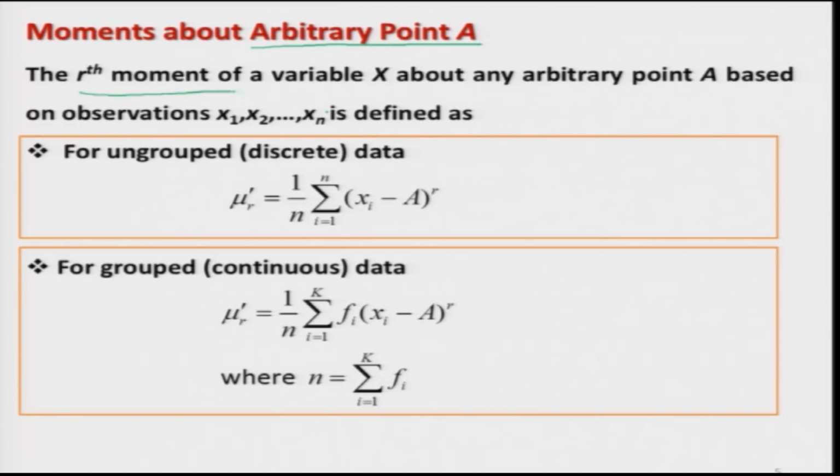So, let me define here the general rth moment as we have just discussed. The rth moment of a variable x about any arbitrary point A, based on the observations x1, x2, xn, is defined as follows.